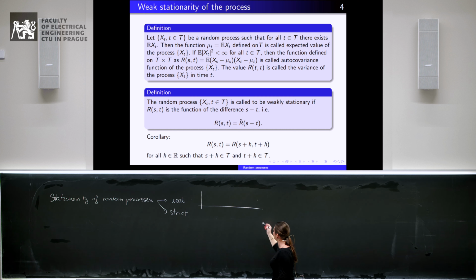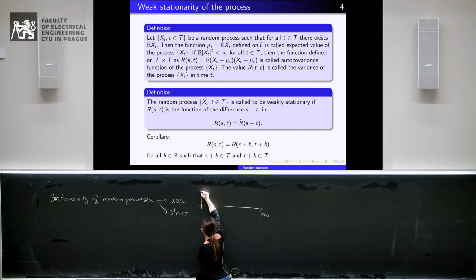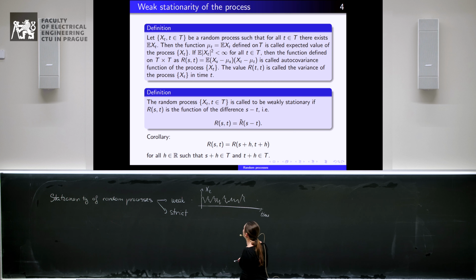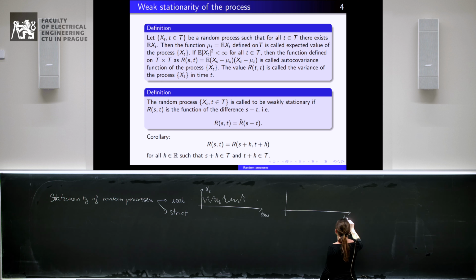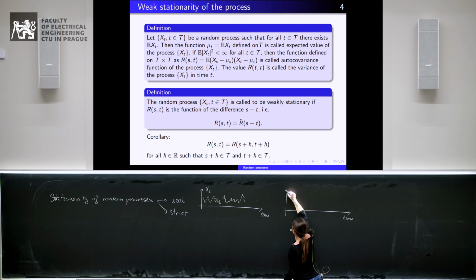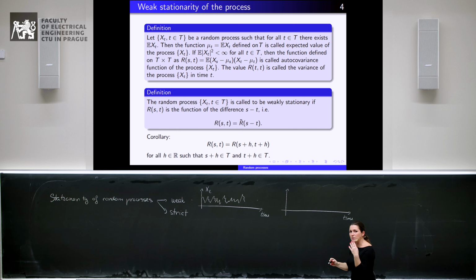So it means that the process doesn't change the dependence, but it allows the process to have some drift, to have some trend.